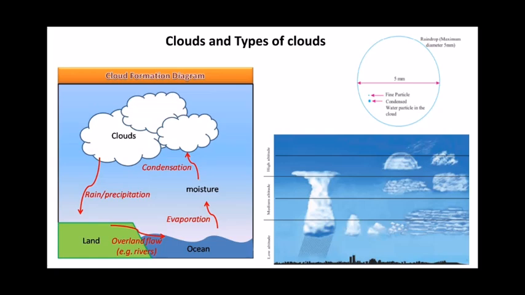So, children, keep in mind that the freezing point is also dependent on the altitude, that is the height, and the water vapor. So, because of condensation, fine particles of ice and water float in the air at a greater height.